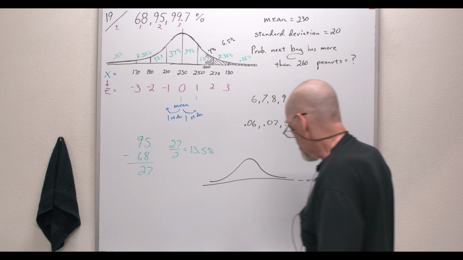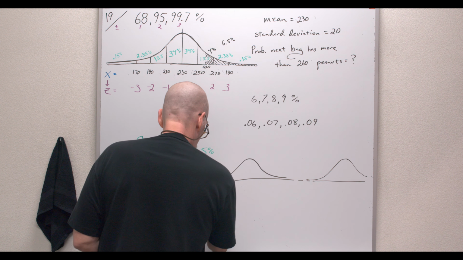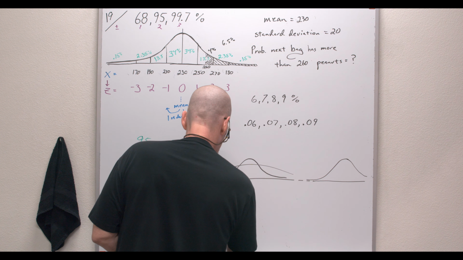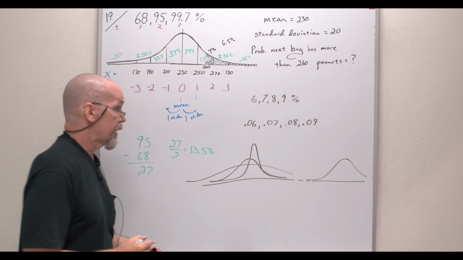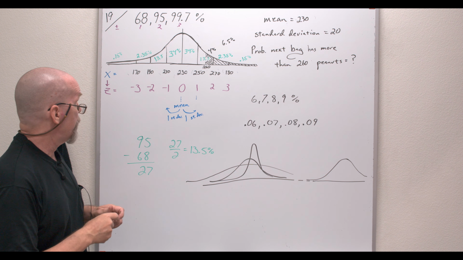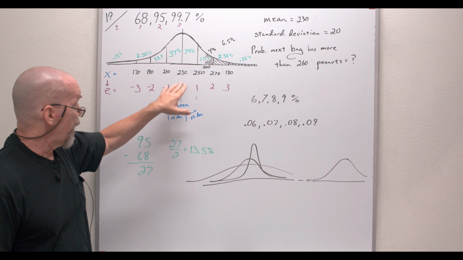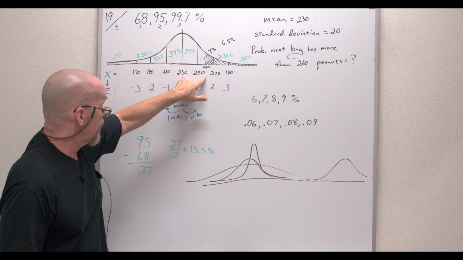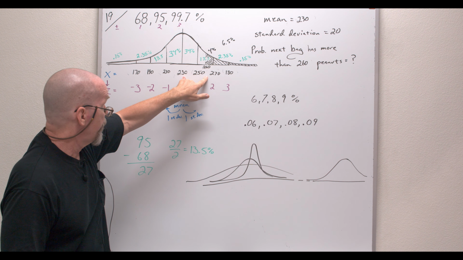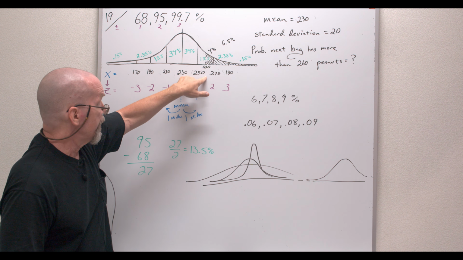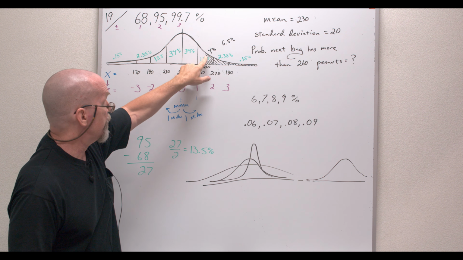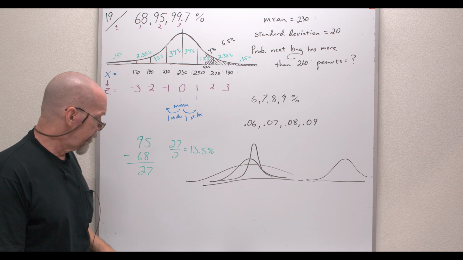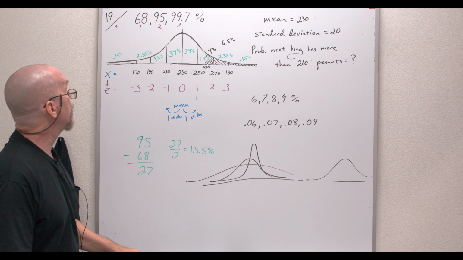If they change the standard deviation, that's when you start getting the wider curves or the super tall, skinny curves. But we didn't change the standard deviation, so we kept the same shape, moved it over, and you should really have gotten 1.5 standard deviations, 230 to 260. So a distance of 30. They gave you a standard deviation of 20, so that's 1.5 standard deviations, so we were still exactly right there. So that was number 19.